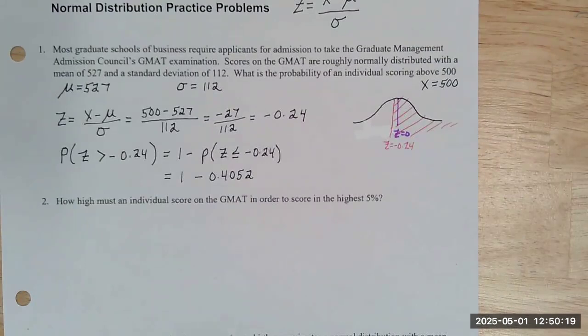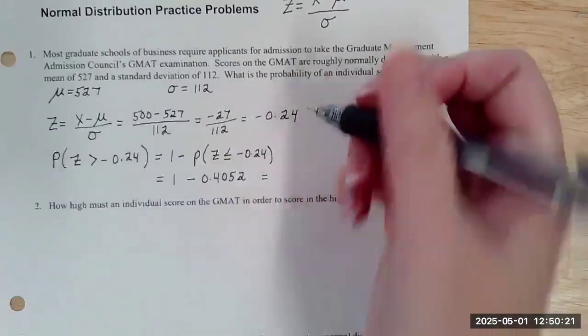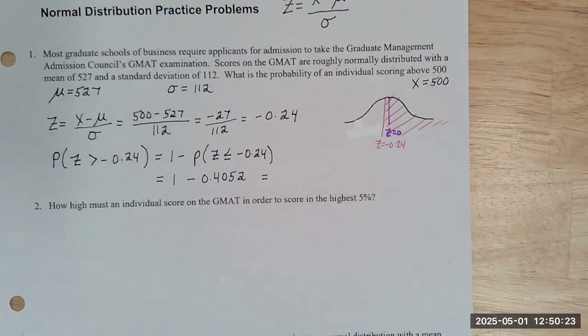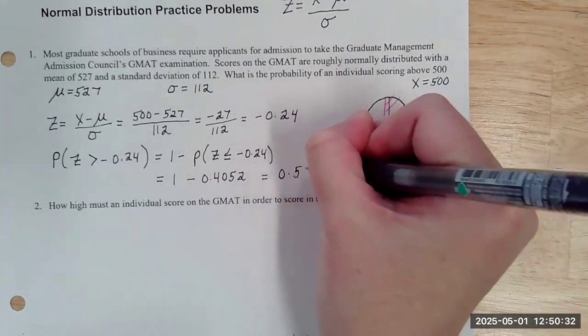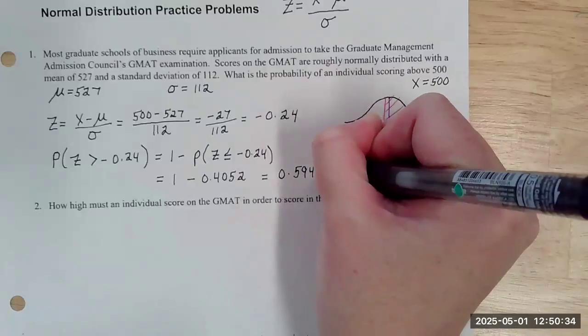So we're going to do 1 minus that, and that'll give us what we're actually looking for, which is 0.5948.